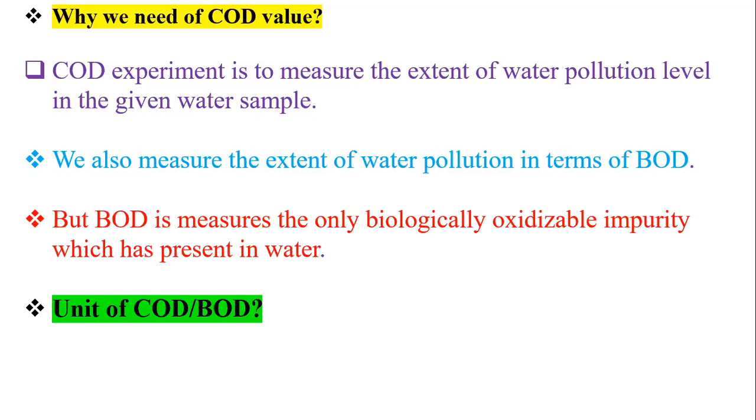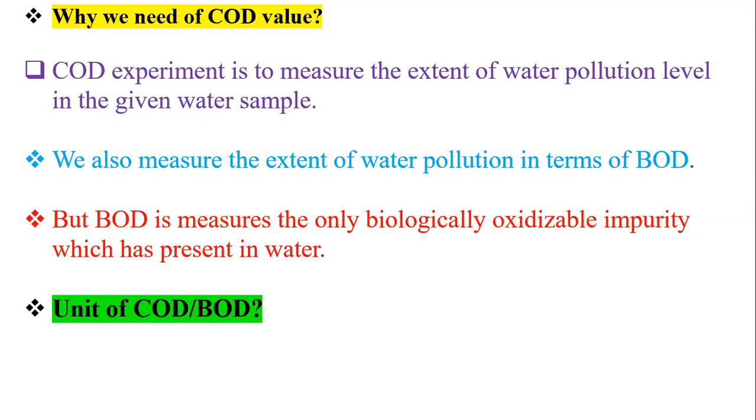That means it won't recognize the amount of inorganic impurities present in wastewater. So comparatively, COD is better and more convenient to measure the amount of waste, because it measures organic, inorganic, as well as biologically oxidizable impurities. So COD is more preferred when compared to BOD.